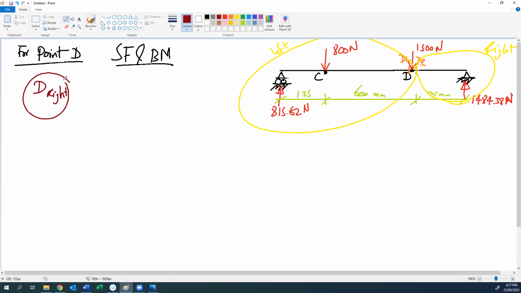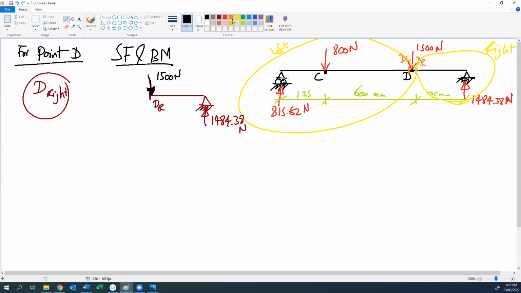If I take this part out, we will have the reaction here, 1484.38 Newton. And this is our cut, D right. And we have here the force 1500 Newton.